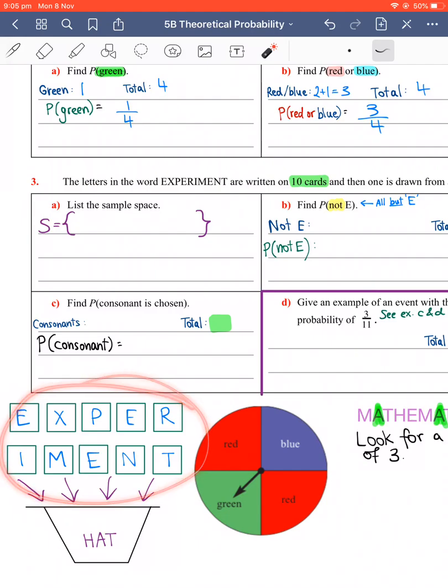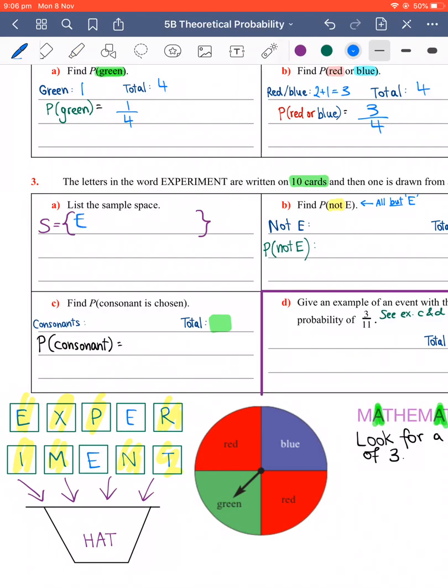That is my possible outcomes. So if I go through here, I have an E, an X, a P, an R. See how I already have a double up of E? That's okay. Let's keep going. So I'm looking for unique ones. Again, I have another E, I have an N, and I have a T. So those specific letters will be my sample space.